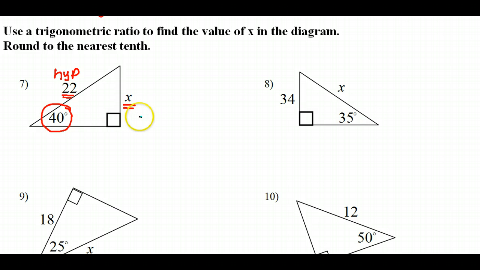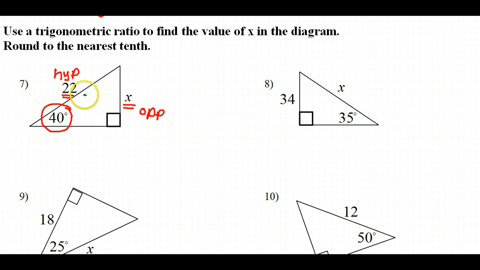The remaining choices are opposite or adjacent. Looking at the 40 degrees, because it's all about the angle, is this x opposite or adjacent? Opposite, because opposite means across from. So from the perspective of the 40, I've got opposite and hypotenuse.